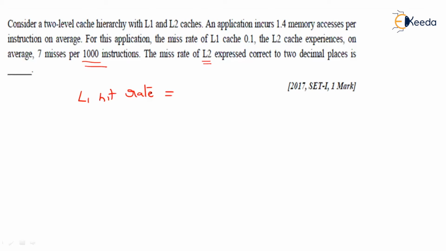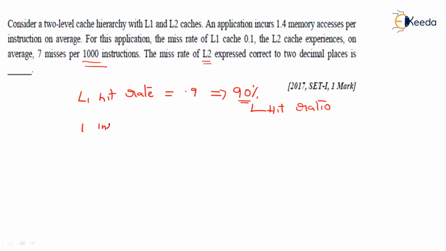So hit ratio is equal to 90%. Which means that when you execute anything, 90% of the instructions or the data elements will be available within L1 itself.